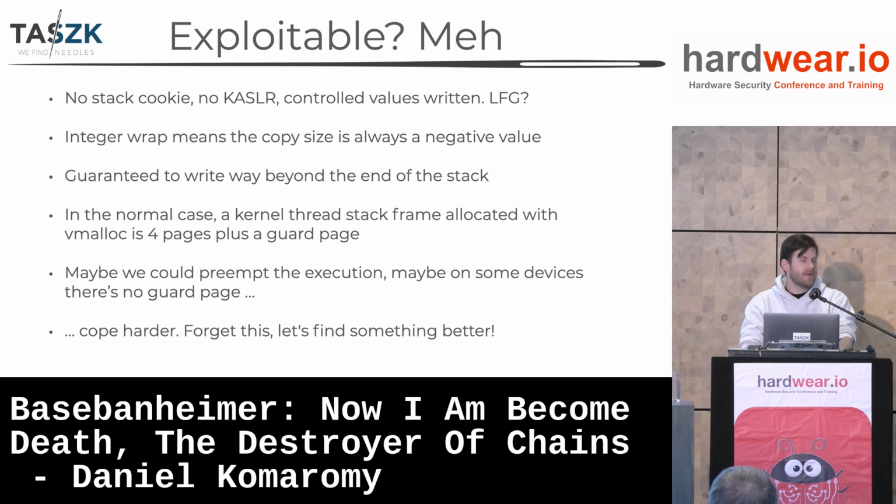Interrupts, which is to say we have this magic ability of telling the kernel, with very strong precision, when to stop doing what it's doing and start doing something else. So you could say maybe it's exploitable, and kernel thread stack frames normally have guard pages around them.